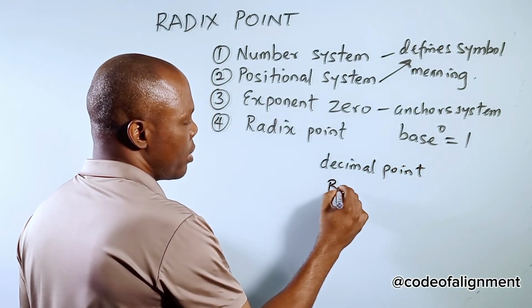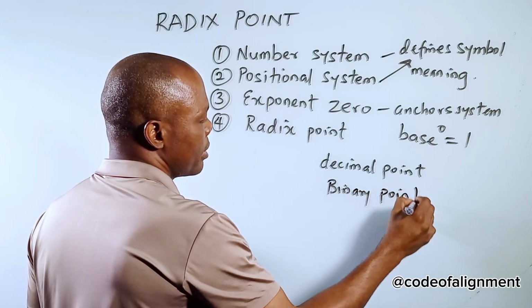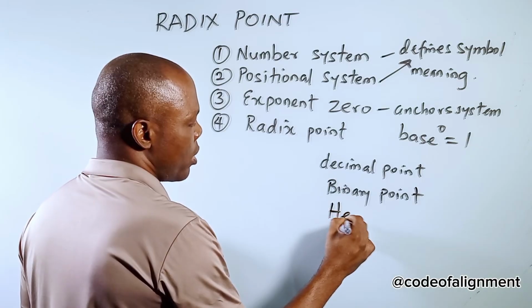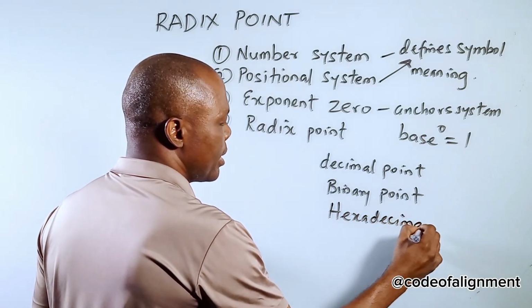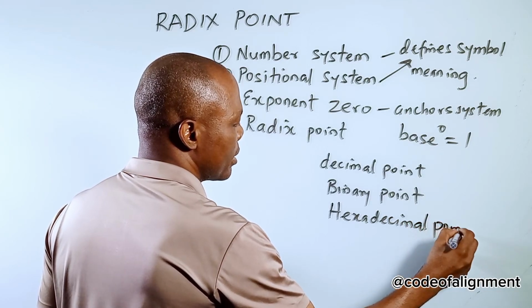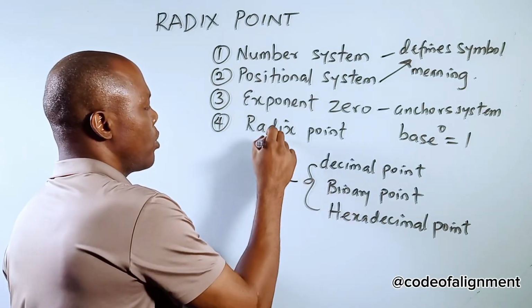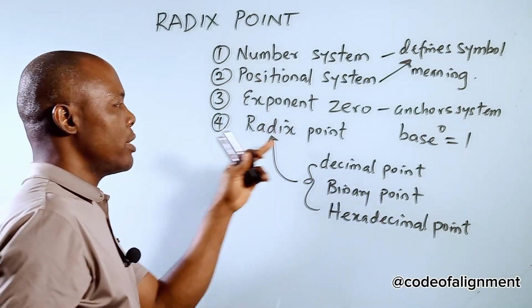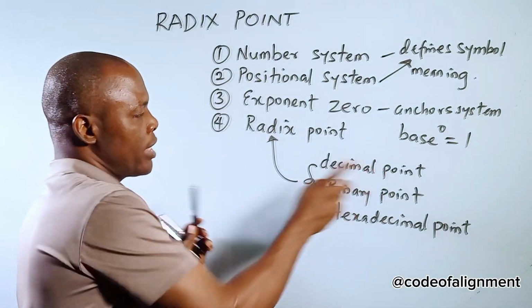In binary, we call it binary point. In hexadecimal, we call it hexadecimal point. Now, the general name for this is radix point, because radix is for base.